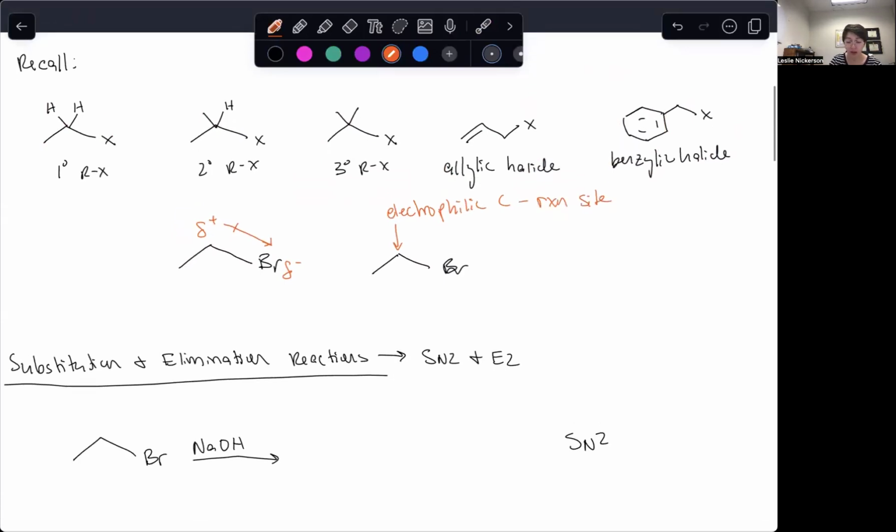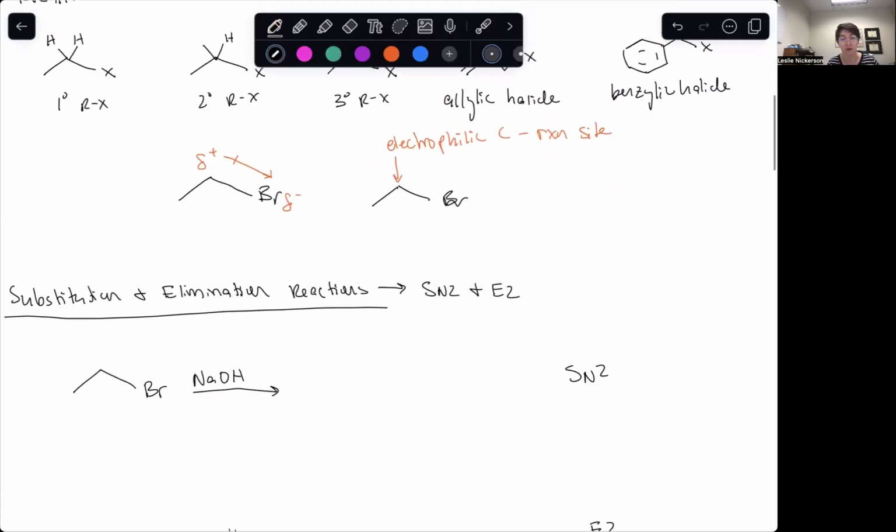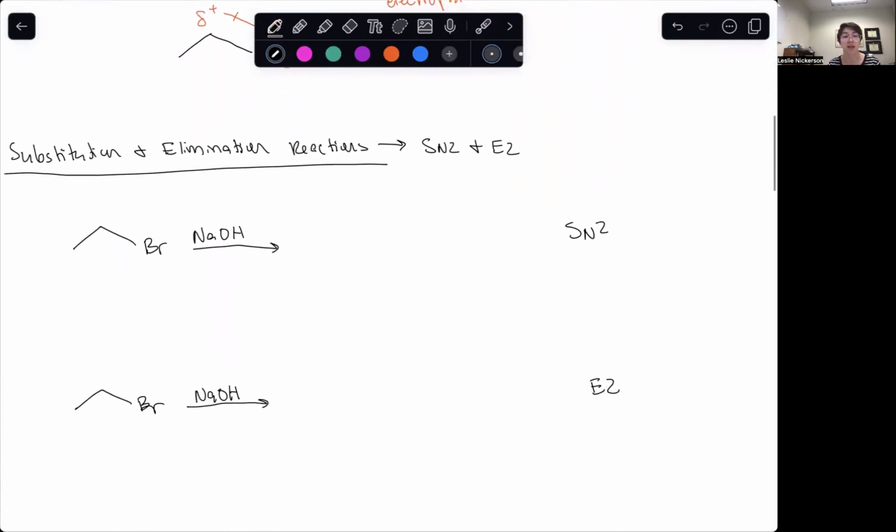Okay, so let's start off by looking at substitution and elimination and just what they are first. This is a couple of reactions that you might see if you were just looking up substitution elimination. So if I've got something like sodium hydroxide here, the first thing that I tend to do is I see sodium and I put a plus on it, so that means I have to put a minus on my oxygen. And I know that that's going to be a lot more ionic because we've got left and right sides of the periodic table together.